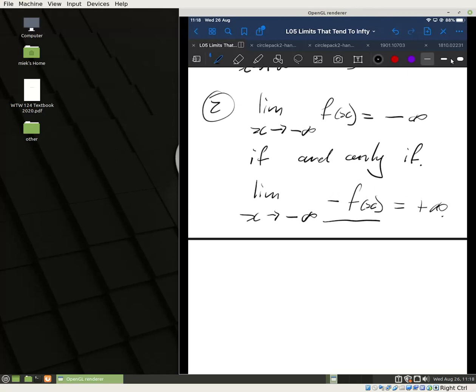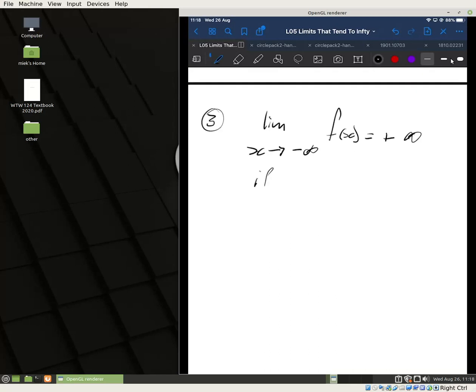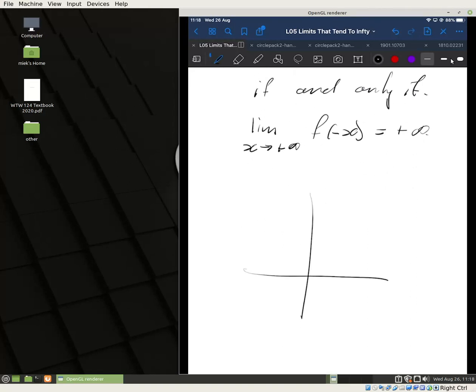And we can also flip around the y-axis. So the limit as x tends to minus infinity of f of x is equal to plus infinity if and only if the limit as x tends to plus infinity of f of minus x is equal to plus infinity. You can think of how this works.